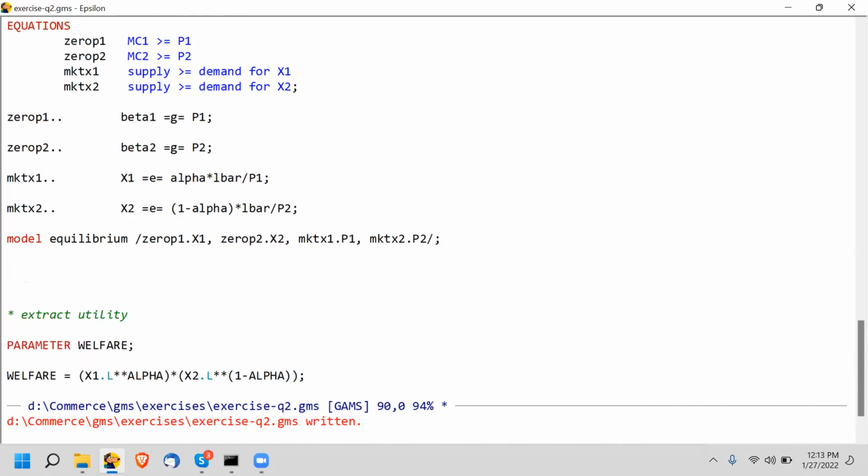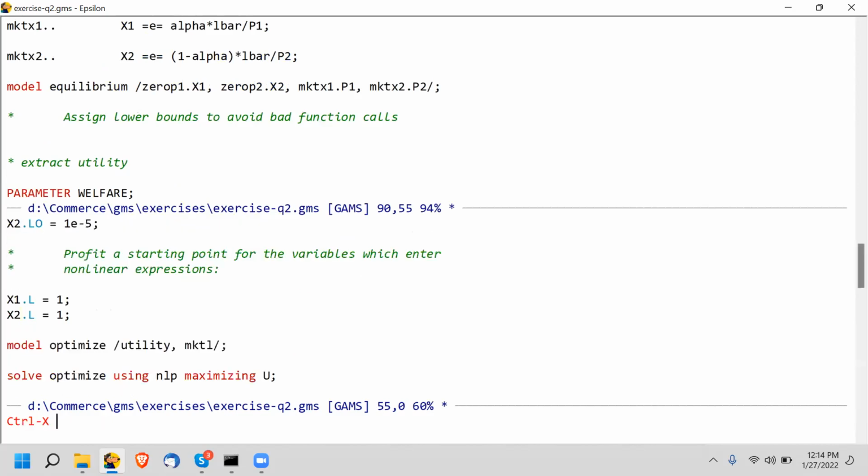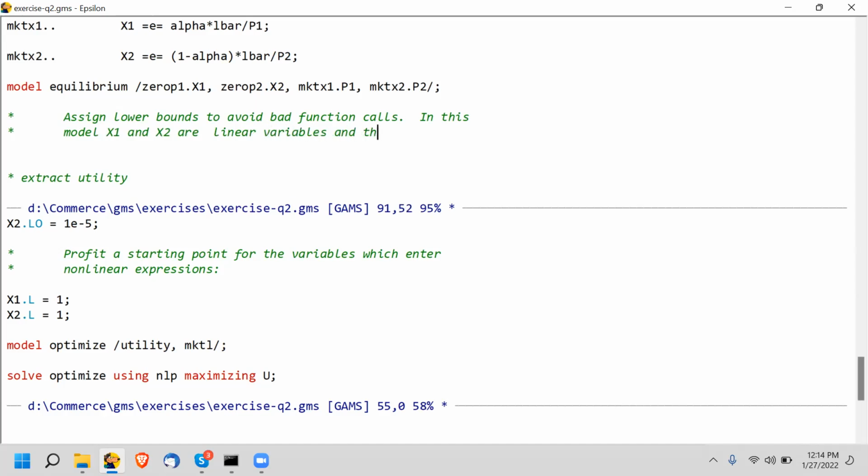And initialize, so again, assign the lower bounds to avoid bad function calls. So in this model, X1 and X2 are linear variables, and they have a lower bound of 0.